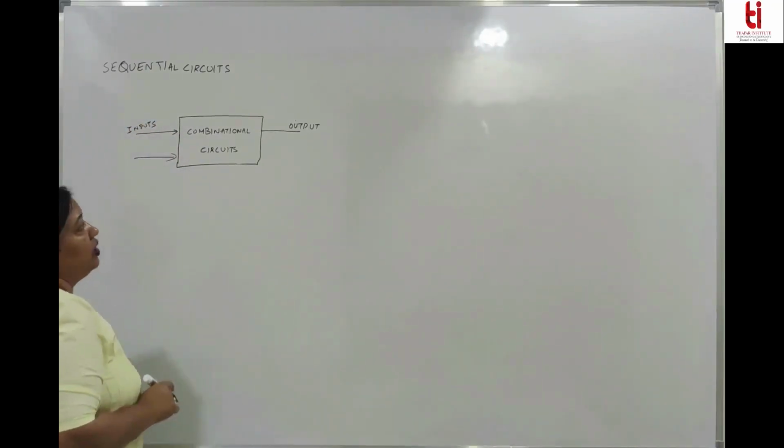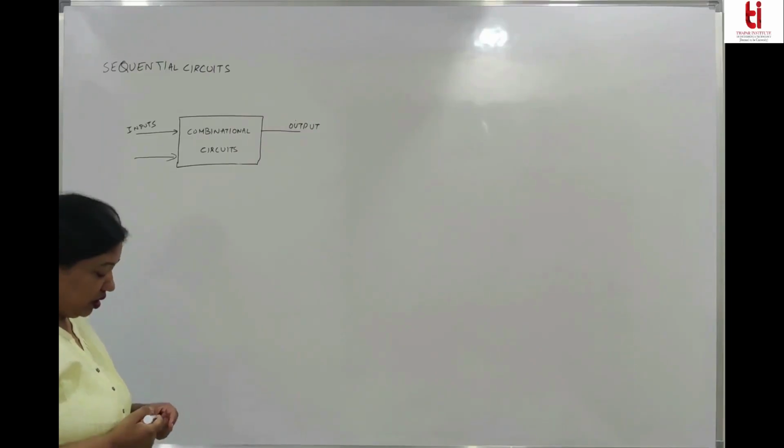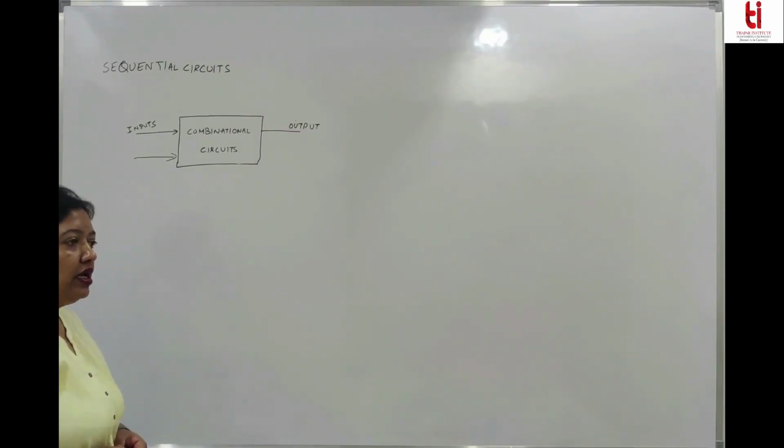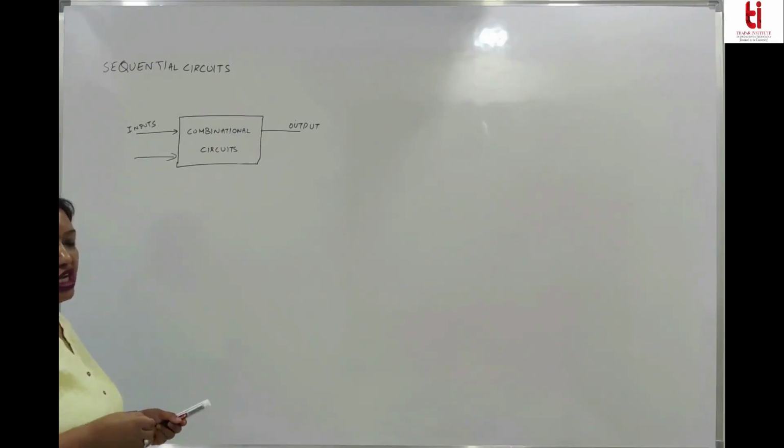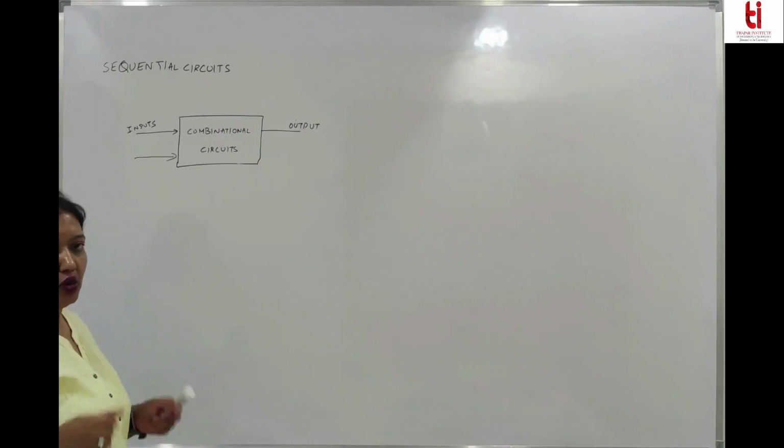So the outputs are not dependent upon, you are not actually checking the output at any instant of time or during a time duration. As soon as there is a change at the input, there are changes at the output.